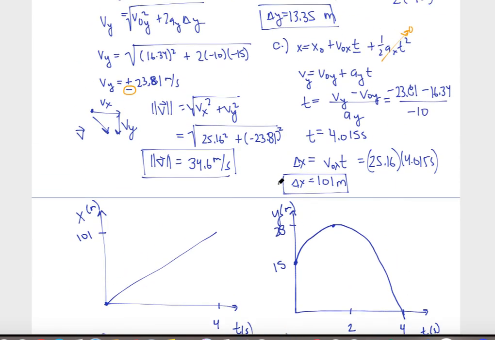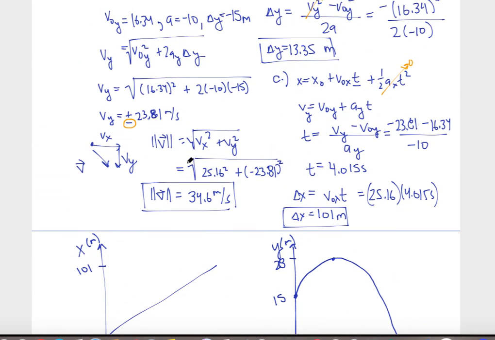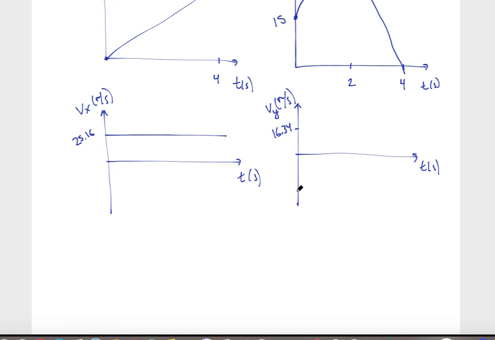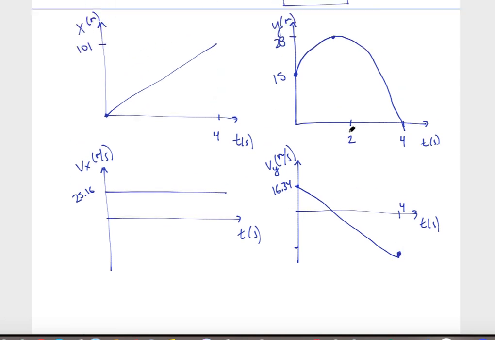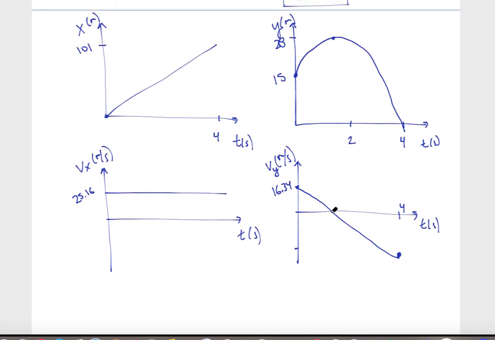Then, once I get to the end, I should be at negative 23.18 after 4 seconds. And then I just need to connect these two dots. So we should, just like we agreed for this y position, have a peak somewhere to the left of the 2 second mark. And that's all there is to those graphs of motion.